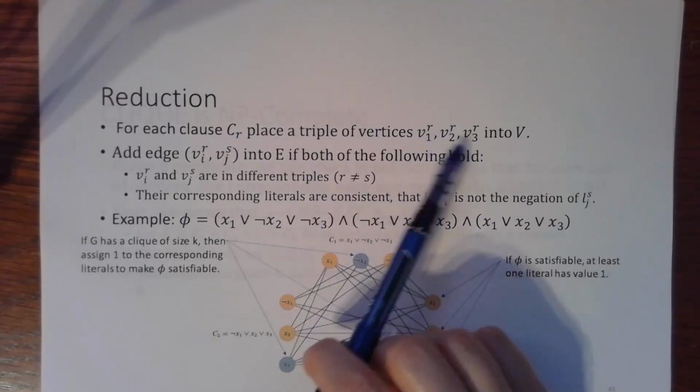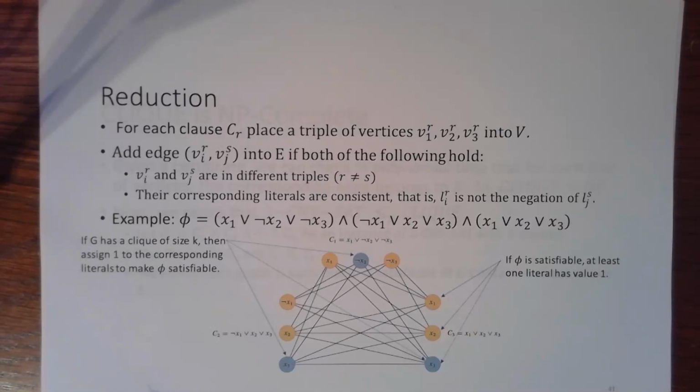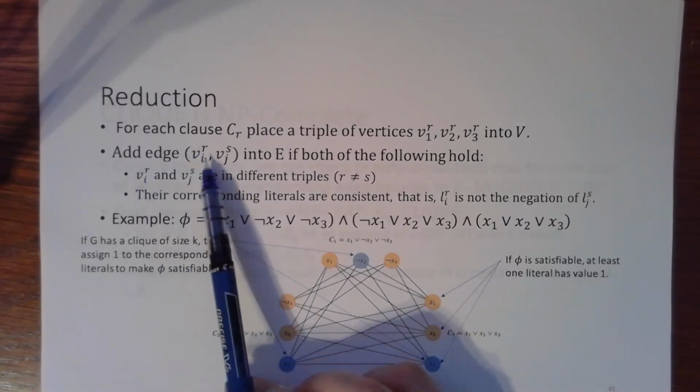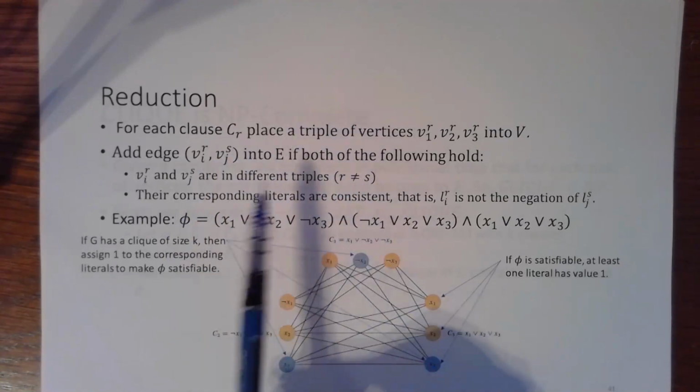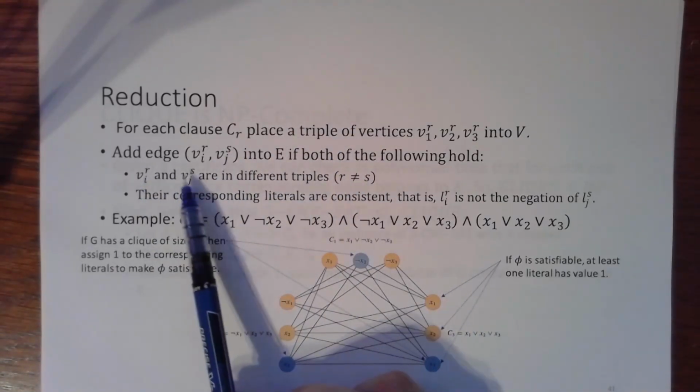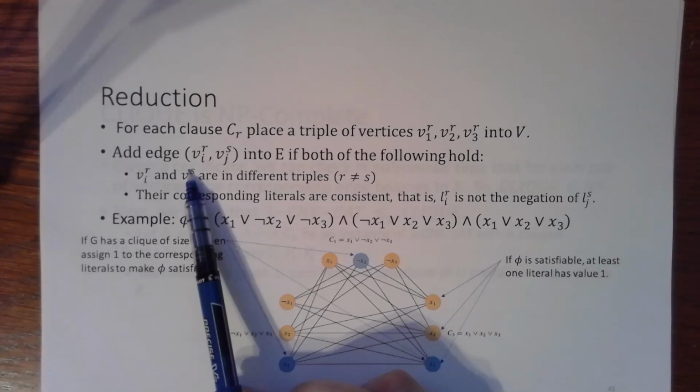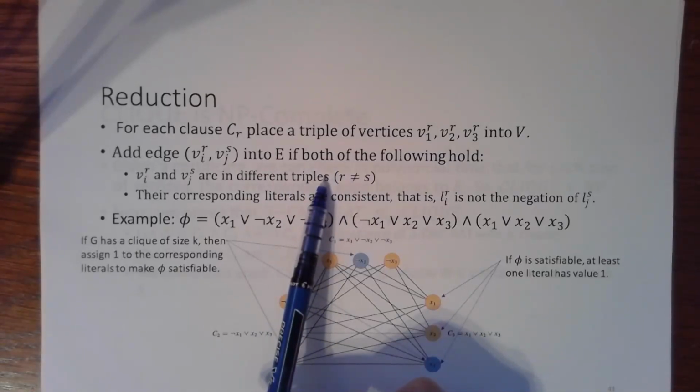Very much like literals 1, 2, and 3. And then we're going to add an edge between 2 different vertices as long as those 2 vertices are in different triples, so they came from different clauses. Okay, so that's the first condition.